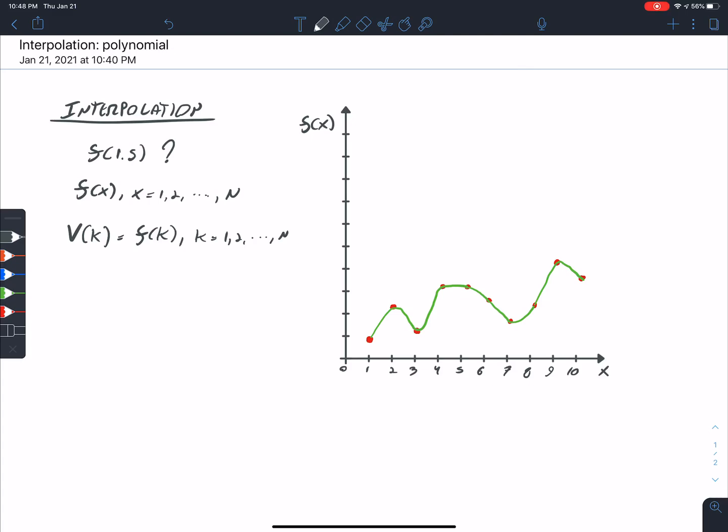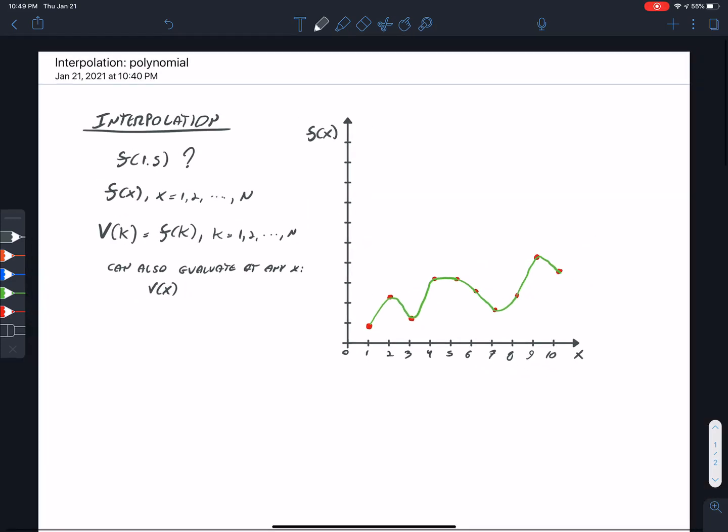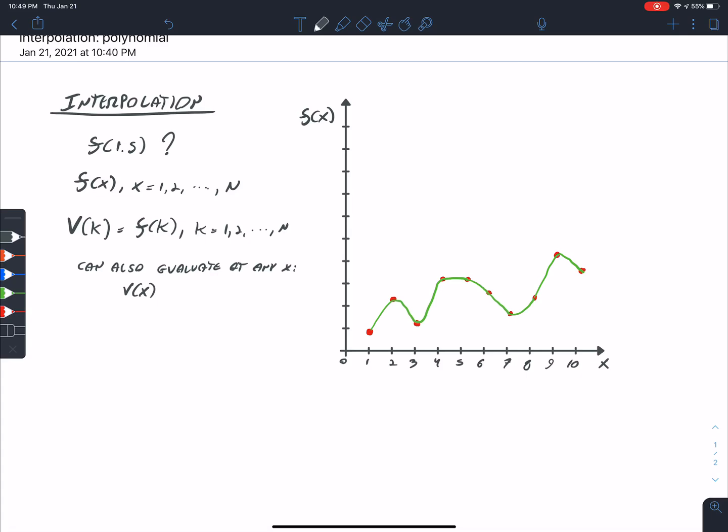But I can also plug in whatever value of x that I want, because we'll have a formula for that, right? And the formula that we're going to use for v of x will be essentially the formula for a generic polynomial.